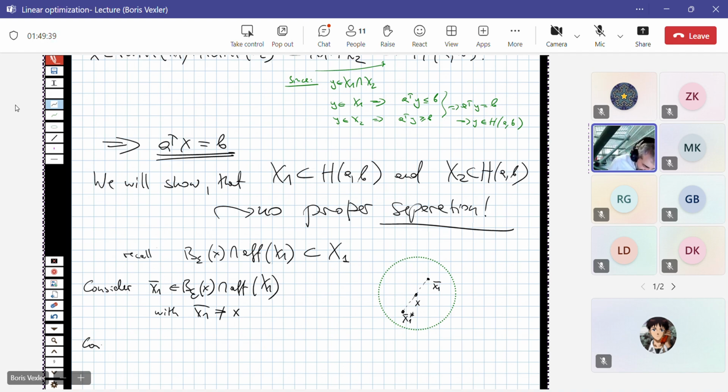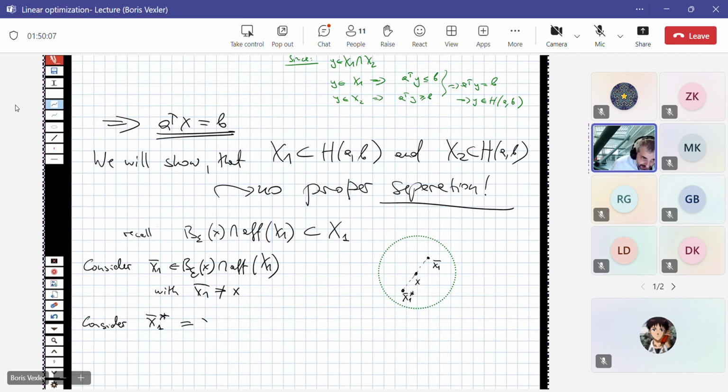We define it by mirroring. Yes, we just mirror here at x. And how to do it precisely? We define it as x minus (x1 bar minus x).